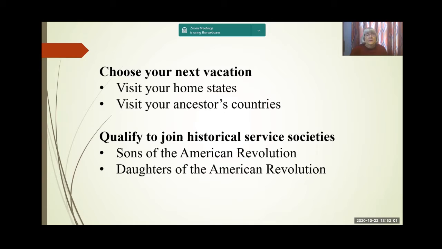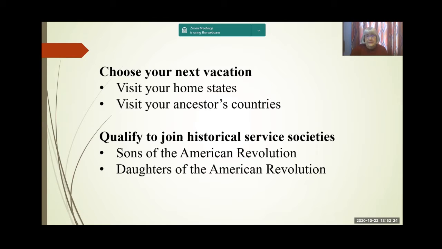My aunt always wanted to be a member of the Daughters of the American Revolution. She could not prove that her ancestors had fought in the American Revolution, but I have. Unfortunately, she passed before I could prove it.